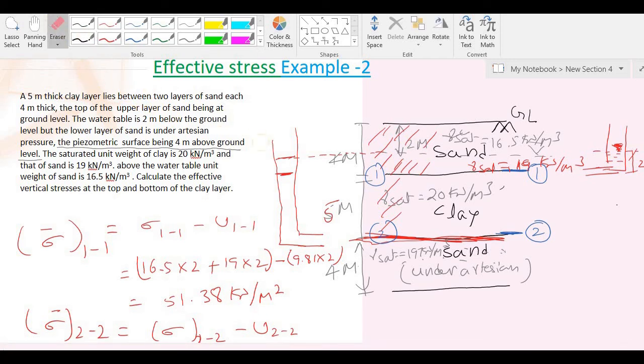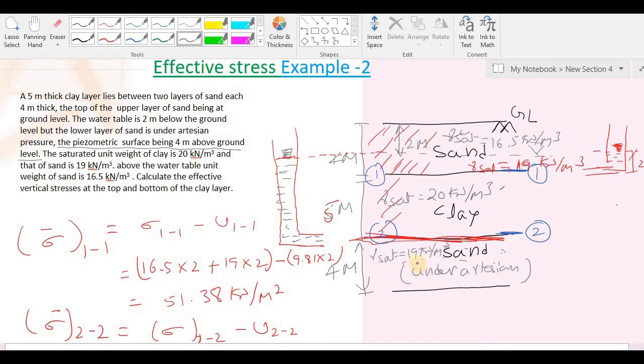I'll erase this. So it will rise till this point if there is no confinement or artesian pressure.